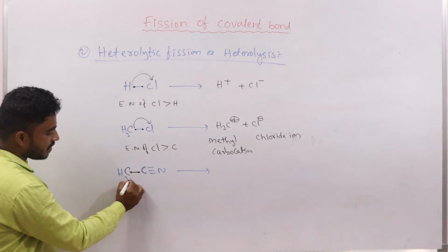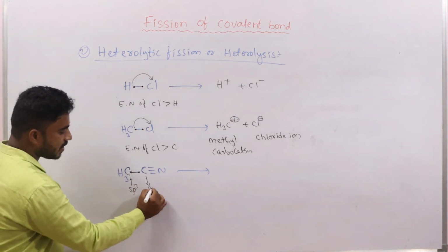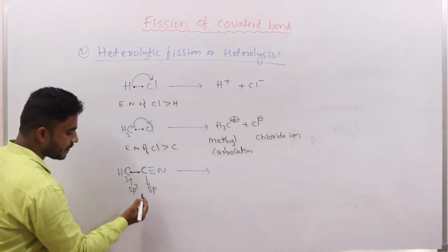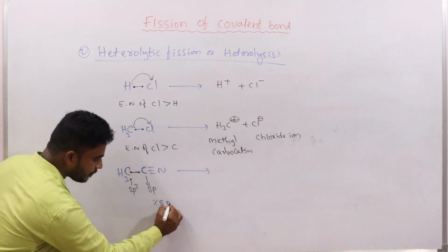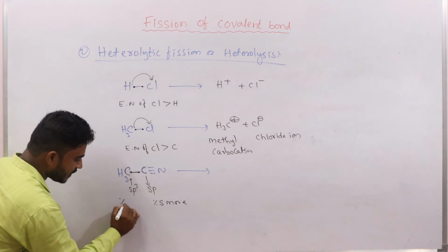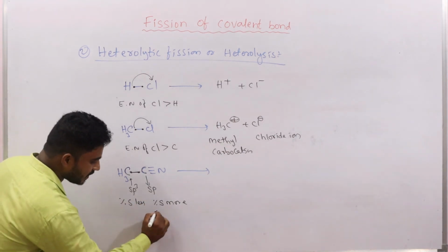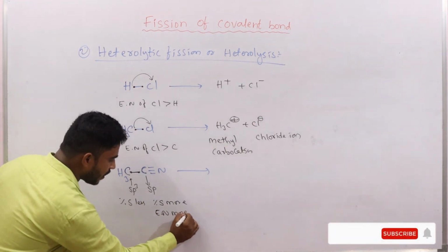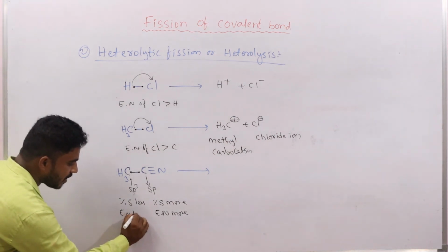Here you see this carbon's hybridization is sp3, and this carbon is sp hybridized. In sp hybridization the percentage of s character is more, and in sp3 hybridization the percentage of s character is less. When the percentage of s character is more, the electronegativity of the carbon is more; when it is less, the electronegativity is less.